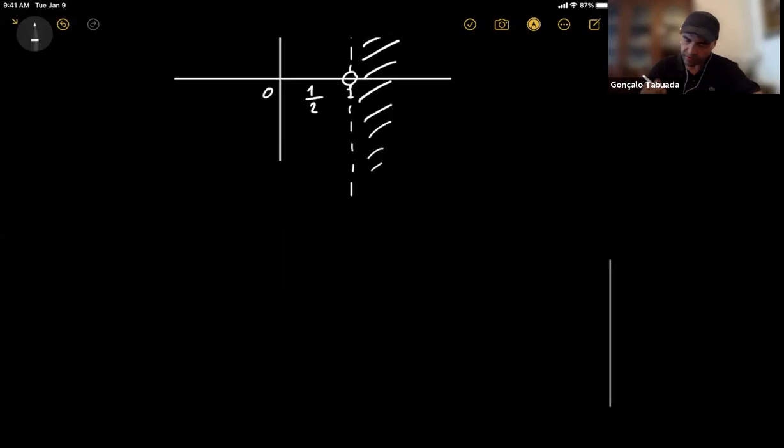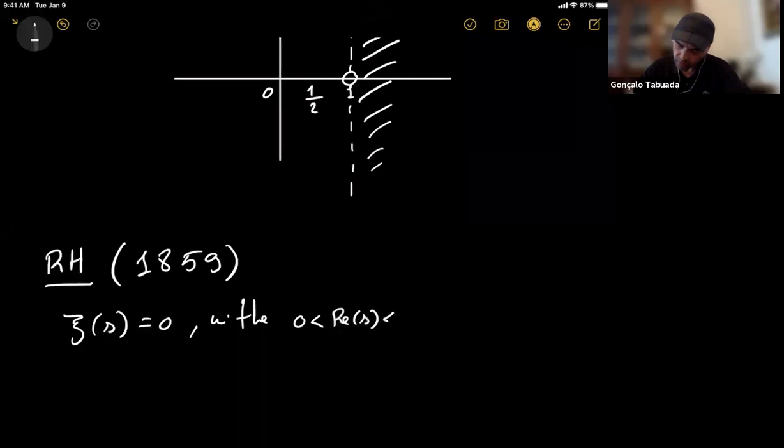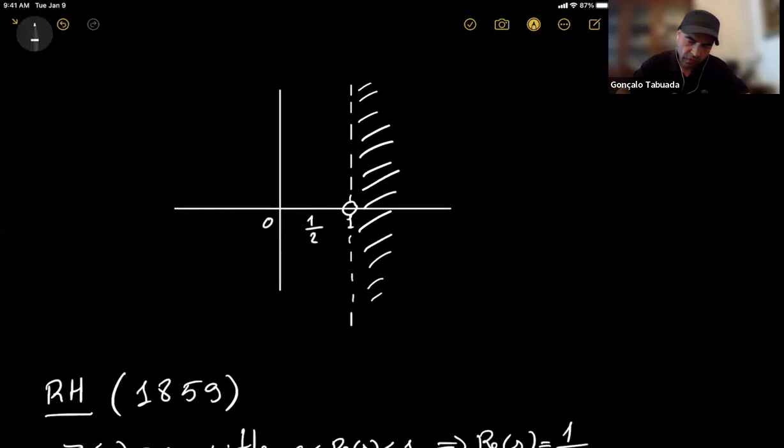What is the content of the Riemann hypothesis, which goes back to Riemann in 1859? It says that if you have a zero of this function, and you restrict yourself to the critical strip, where the real part of s is between 0 and 1, then this zero actually lands on the line where the real part is 1 over 2.